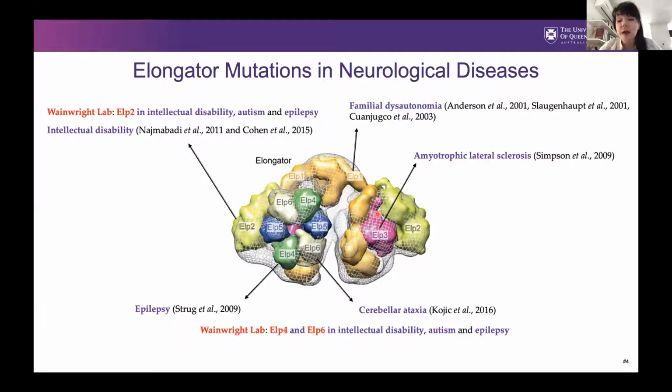These are mainly just studies identifying the mutations, like GWAS studies, but we don't know anything about the pathologies. This is why in our lab we used the CRISPR-Cas9 method to introduce and model these mutations in mice. And then we used behavioral testing, transcriptomic, proteomic, and histological analysis to comprehensively understand the neuropathology resulting from elongator deficiencies.